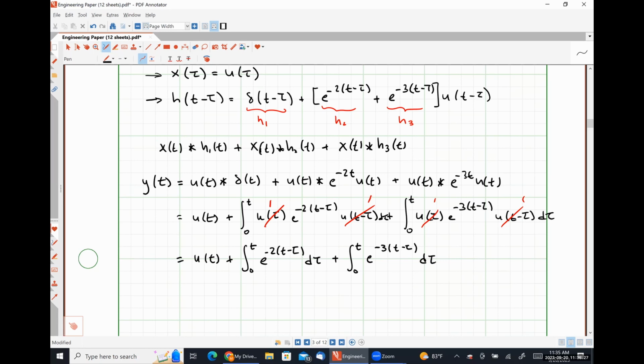Okay. So I'm going to break these exponential functions up into smaller parts.